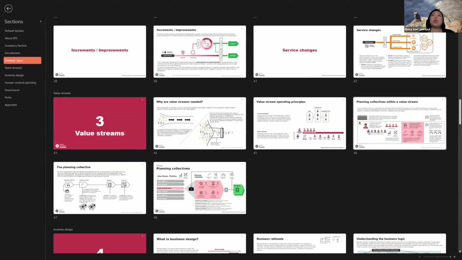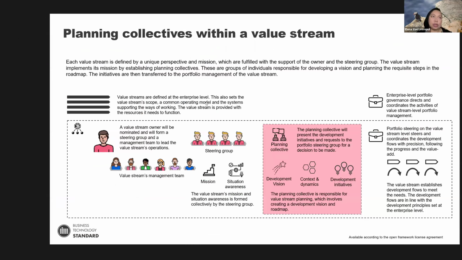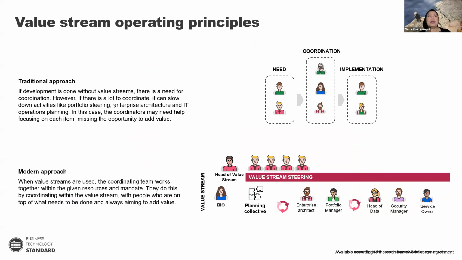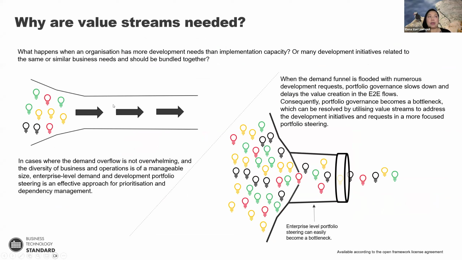So value streams as one of the main sort of enablers for demand. If you have, for example, a small organization that has quite straightforward demands, then it's not too overwhelming. But when you have different sort of demands coming in, then the initiatives become quite overwhelming to handle.